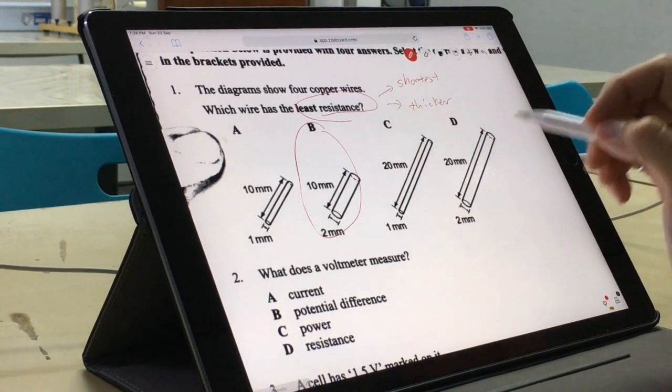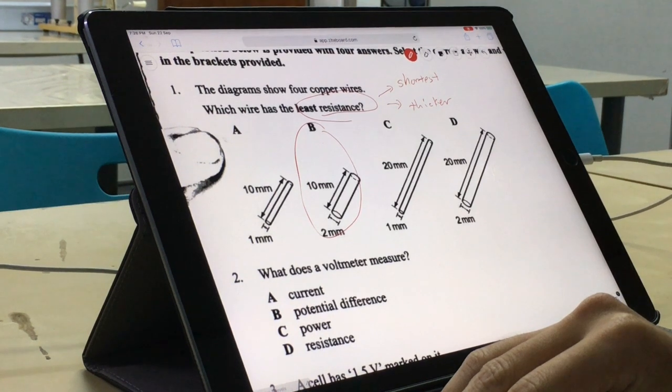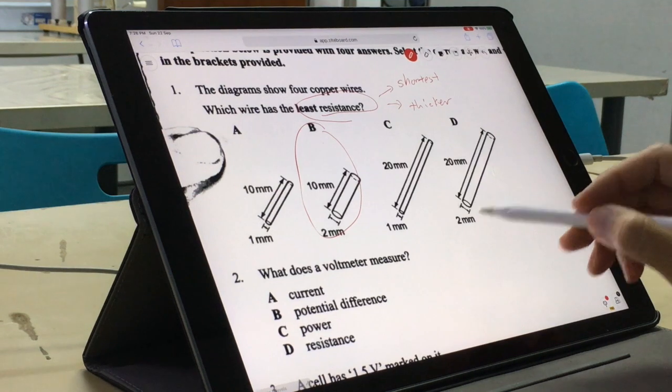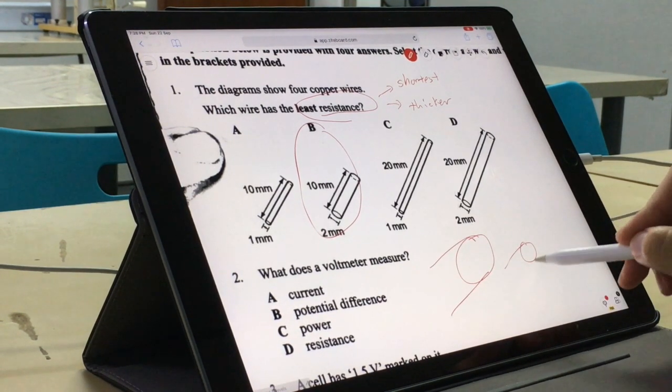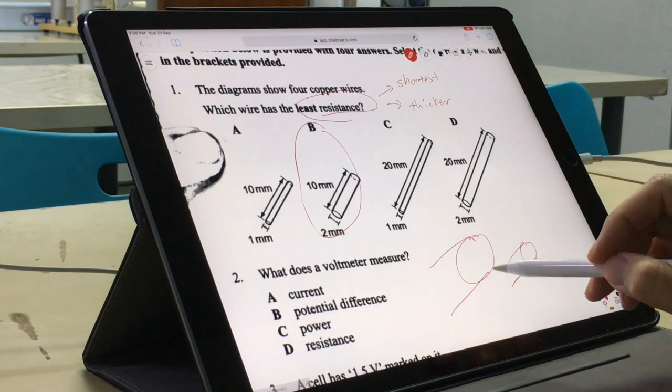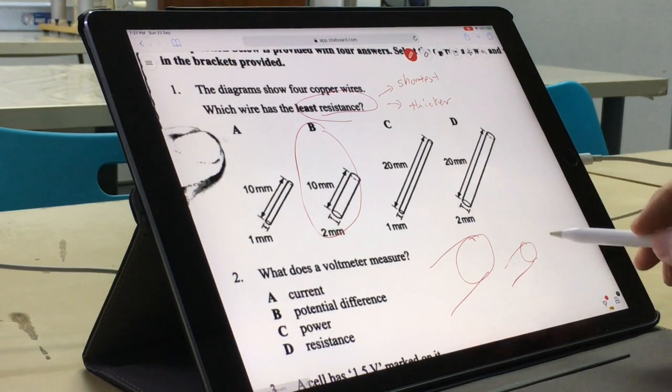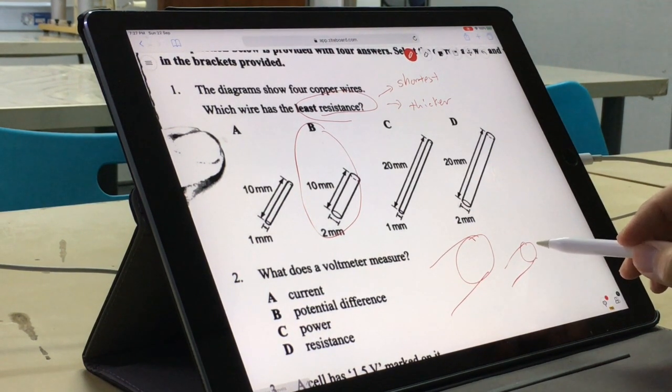Can I ask, why is the resistance lower when it's thicker? Very good question. Let's draw two diameters. On the screen I have one on the left that is bigger, and the one on the right is narrow.